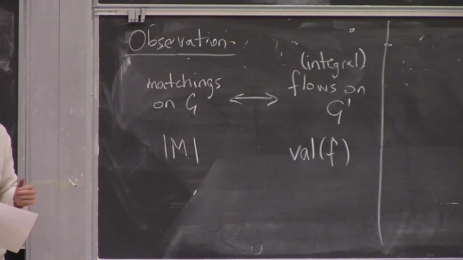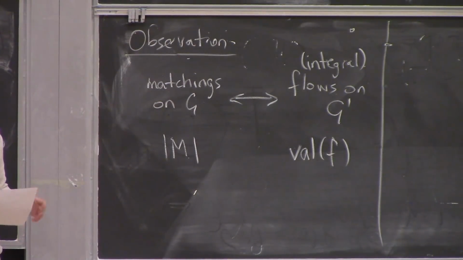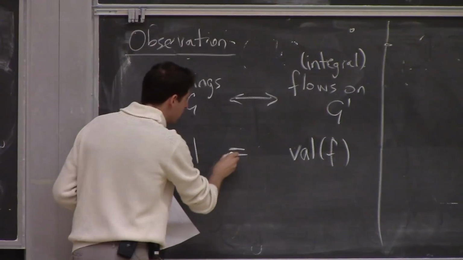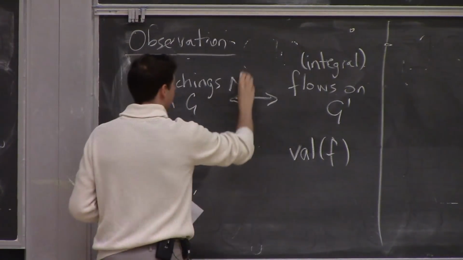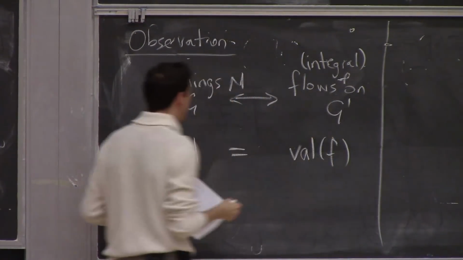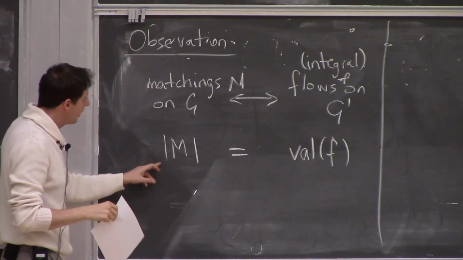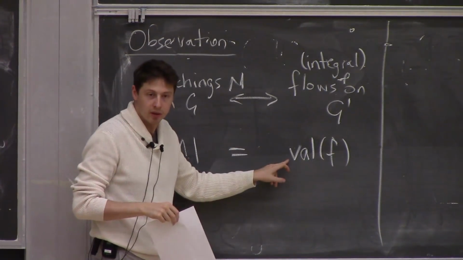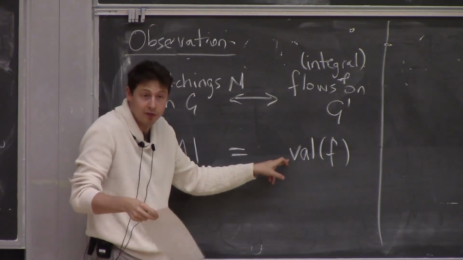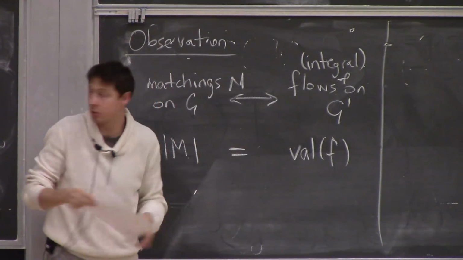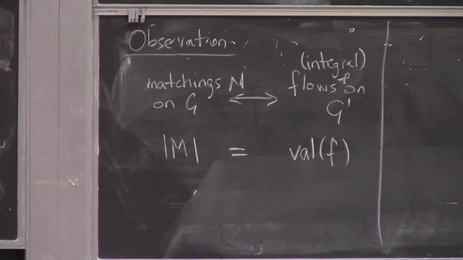How do these two numbers compare? They are exactly the same, right? So it's true for every flow. For any matching M and flow F on G, if I take the flow corresponding to it, the value of the flow will be precisely the size of the matching. That's why we picked 1 rather than 10.